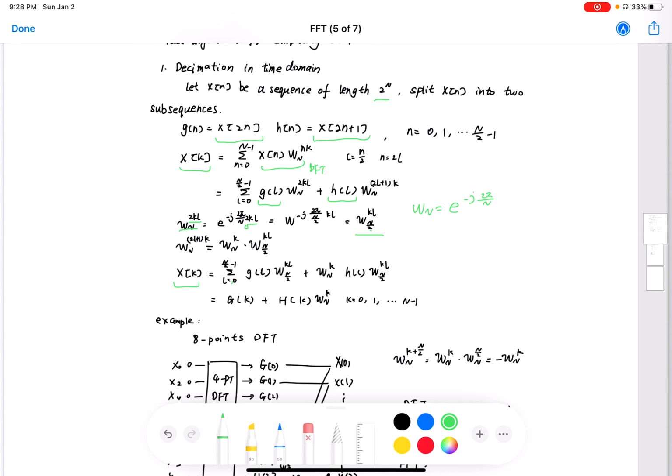l from 0 to N over 2 minus 1 of the even points in x[n] times omega N over 2 to the power of kl. Similarly, we can write the odd indexed elements here.